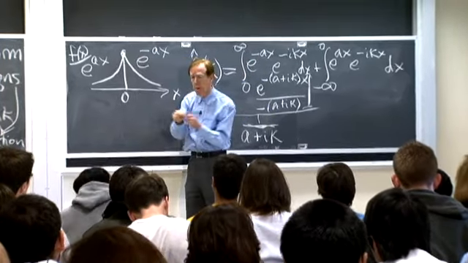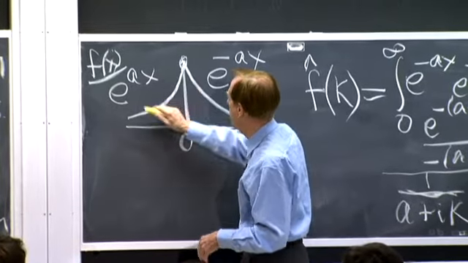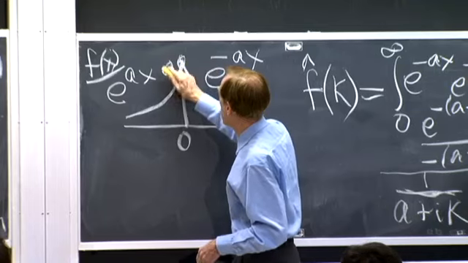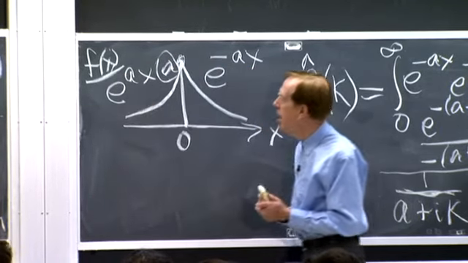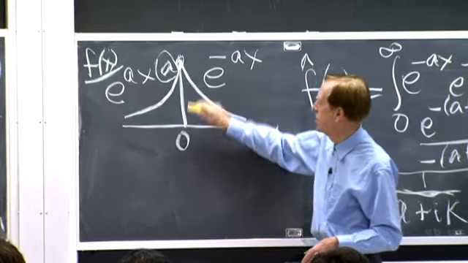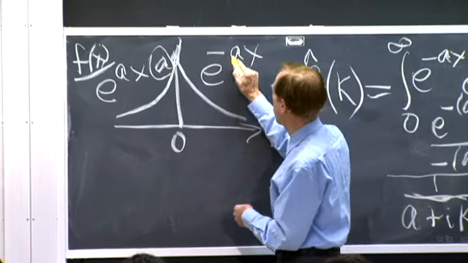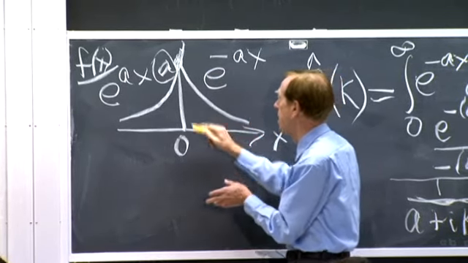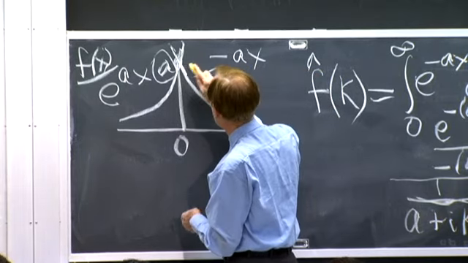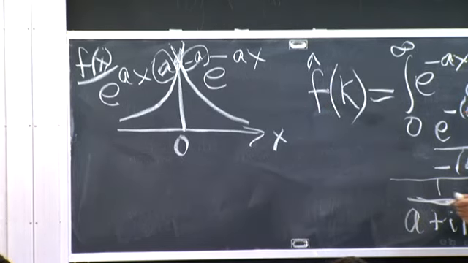This is not a smooth point here, because the derivative going up is plus a. The derivative is a e to the ax, and at x equals 0, that would be plus a going up. And here the derivative is minus a e to the minus ax, put in x equals 0, and the derivative coming down is minus a. So there's a jump in the derivative.